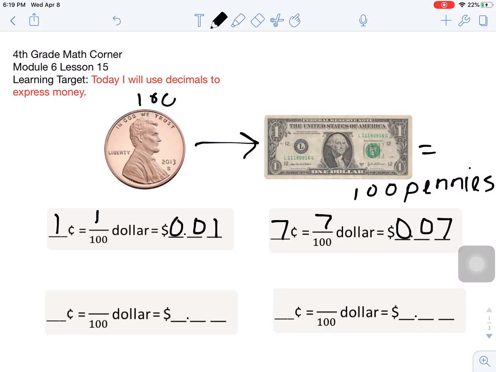We could also do larger numbers like 31 cents. So you can take 31 of these pennies. It still wouldn't equal a whole dollar because a whole dollar needs 100 pennies. So these 31 pennies would be 31/100ths of $1 because it takes 100 to make $1. So if I wrote these as a decimal, I would say there are no whole dollars, but when I go to the tenths and hundredths, remember it has to end in the hundredths place.